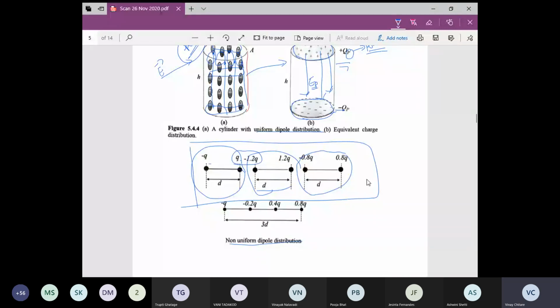The addition leads to minus 0.2q, here it leads to 0.4q, minus 0.8 and minus q. So at this surface I have minus q, at this surface I have 0.8, but inside this volume I have something like 0.2q as a charge density. This is just to visualize.